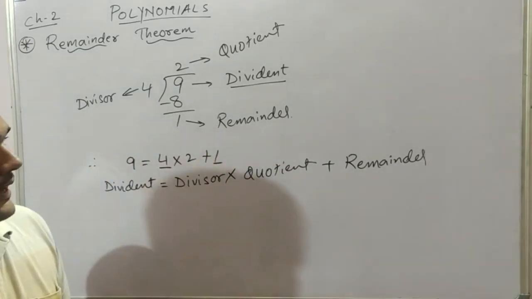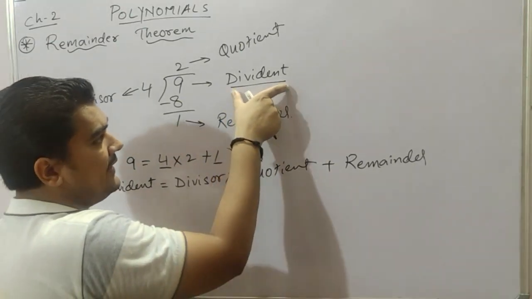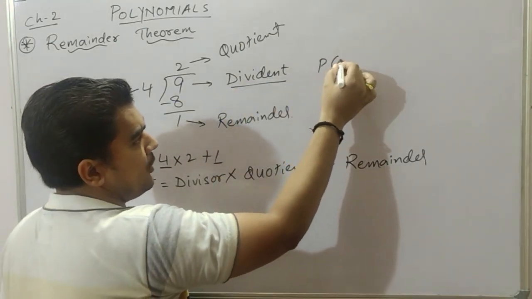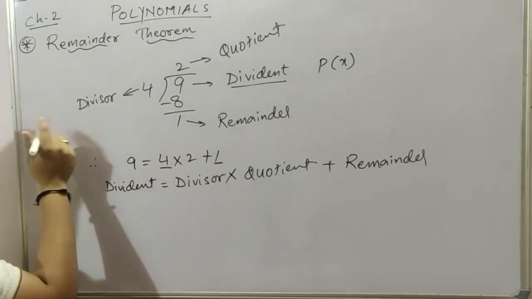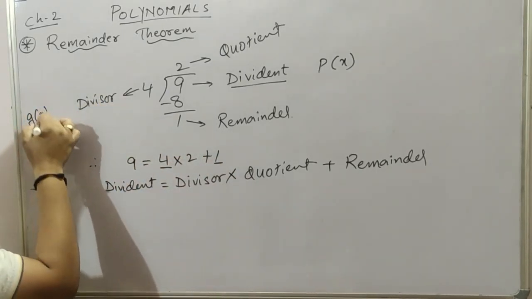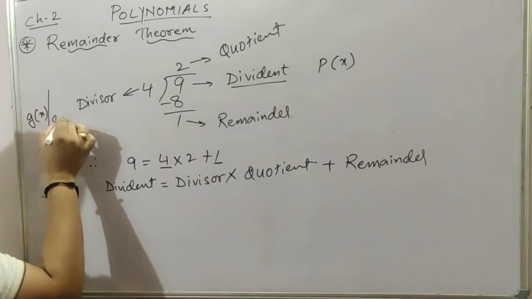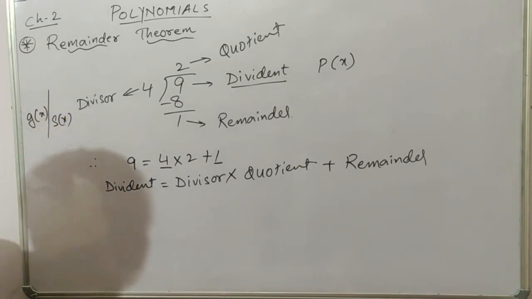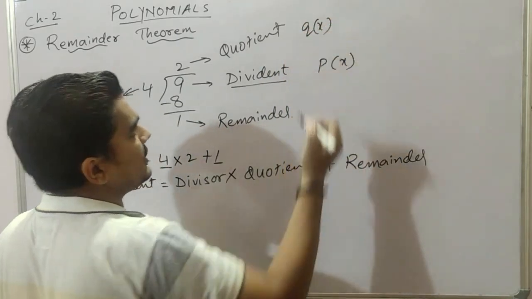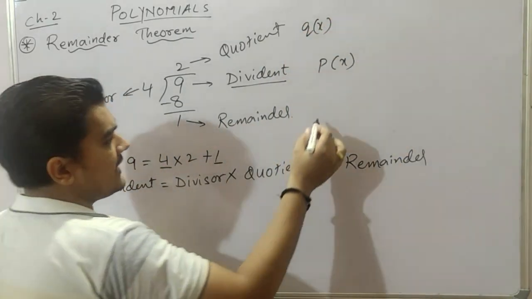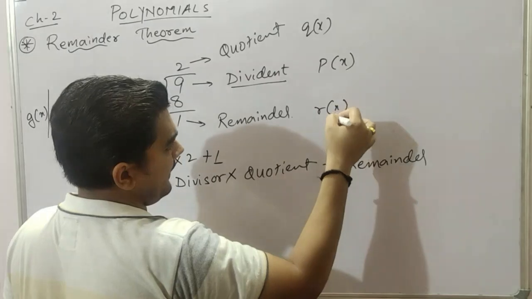In this chapter, the dividend is represented by p of x, whereas the divisor is represented by g of x or s of x. And the quotient is represented by q of x, whereas the remainder is represented by r of x.